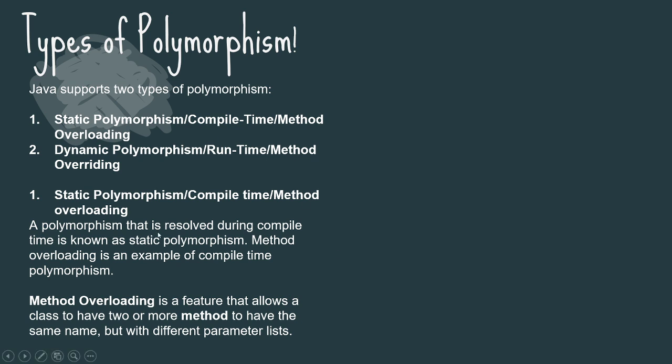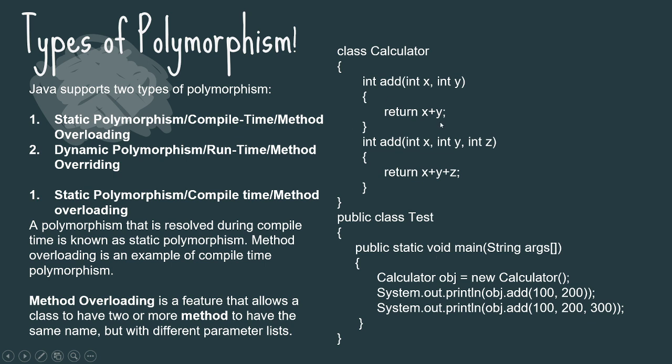So let's describe first static polymorphism, compile-time method overloading. First of all, go through overloading. Method overloading is a feature that allows a class to have two or more methods with the same name, but with a different parameter list. Let's look at this.